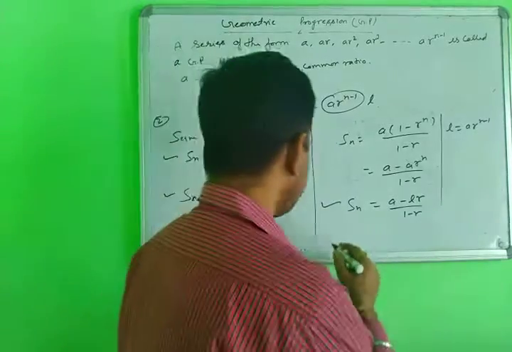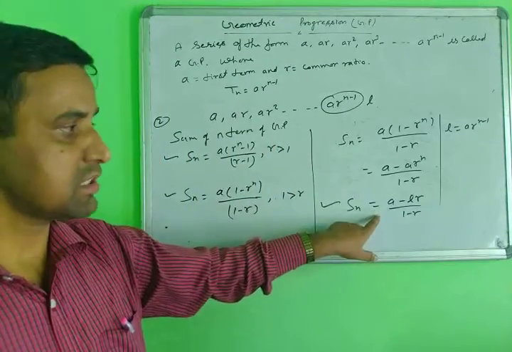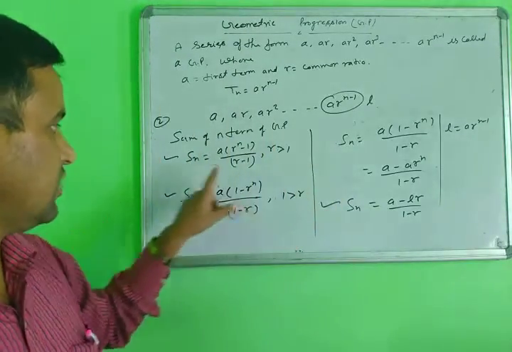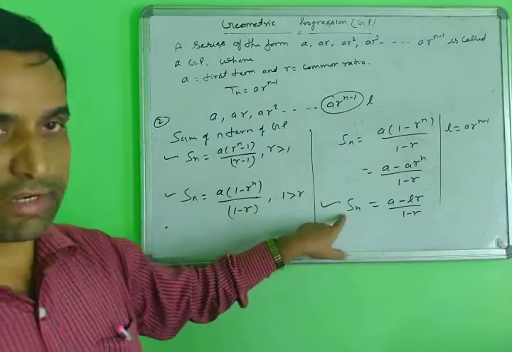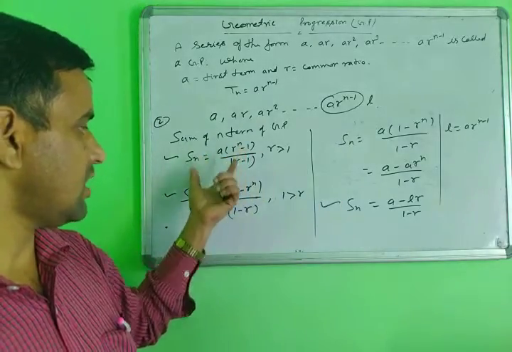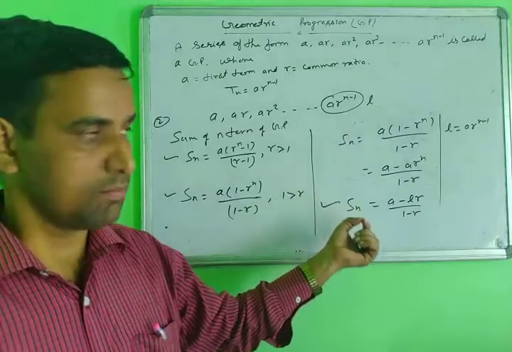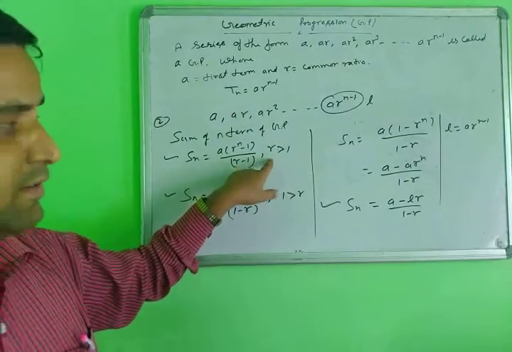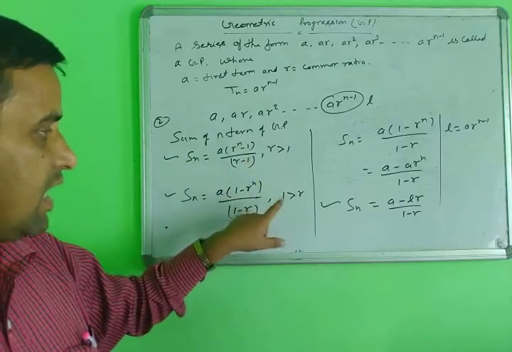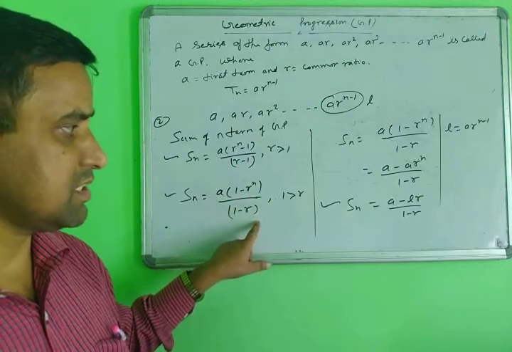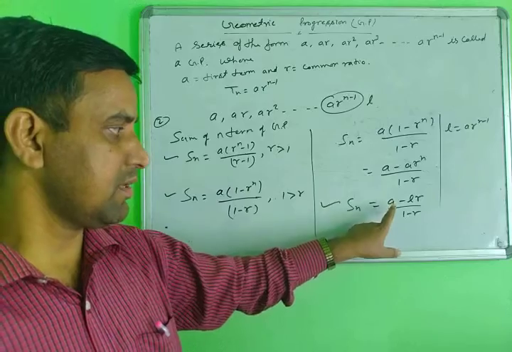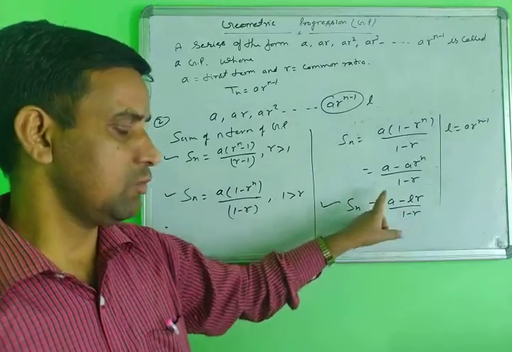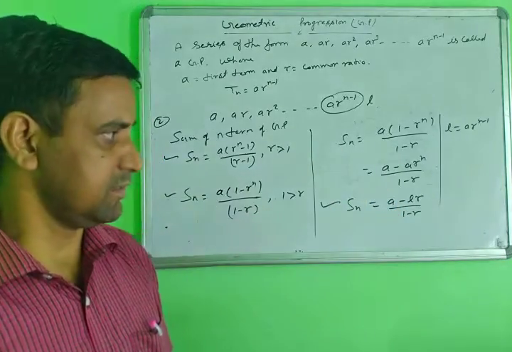So this is the third identity of the sum of n terms. Means three formulas for the sum of n terms of the GP. First, when R is greater than 1, you use this. When R is smaller than 1, you use this. Or suppose a, R and l are given, then you use this identity.